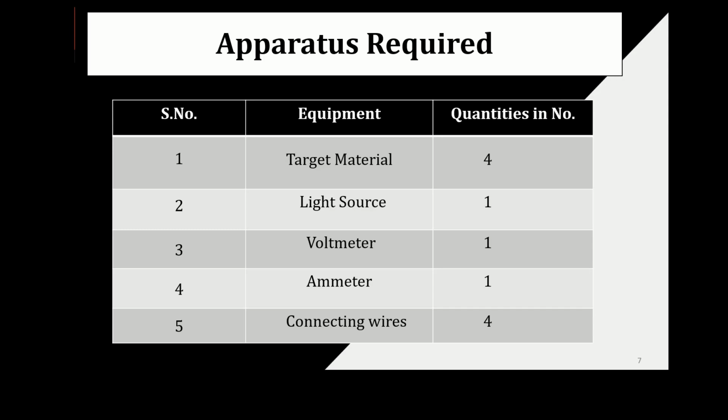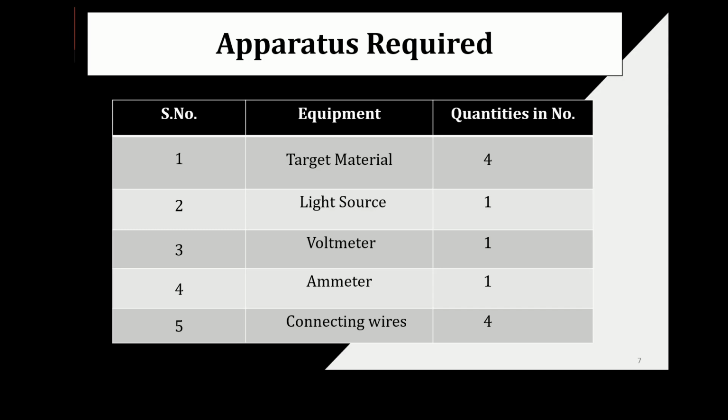So we need a target material and a light source. Using that light we can have the photoelectric effect, and we can vary the intensity of the light and also the frequency of the light. That means we can change the color of light, so you can use different light from the light source.